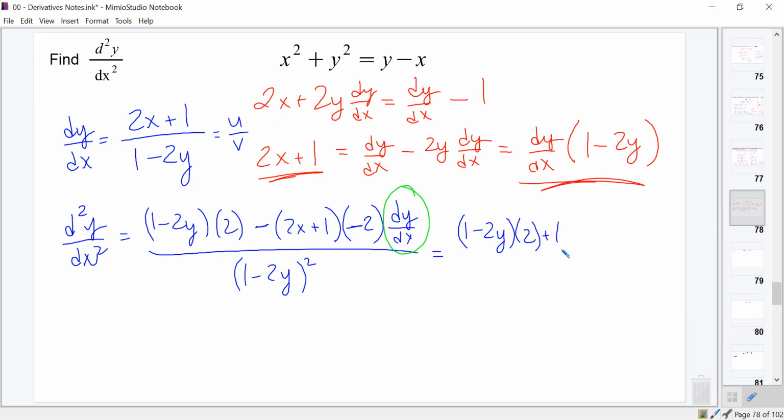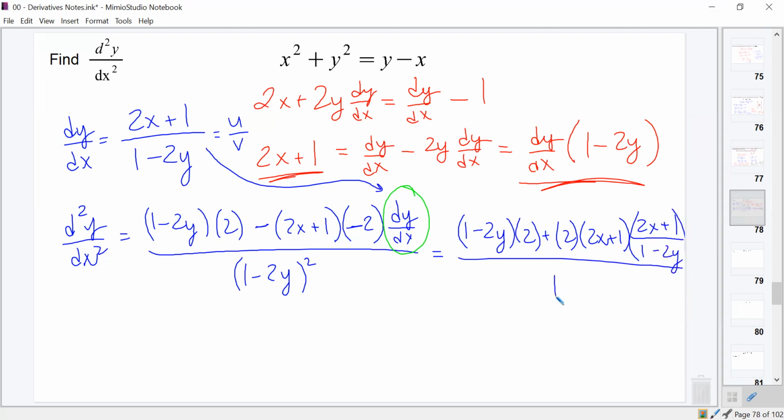We're going to have plus 2 times the (2x plus 1), and then times dy/dx. Well, all we have to do is replace the dy/dx with the thing we found earlier, (2x plus 1) over (1 minus 2y). And it's still all divided by (1 minus 2y) squared. And this is a perfectly acceptable answer.